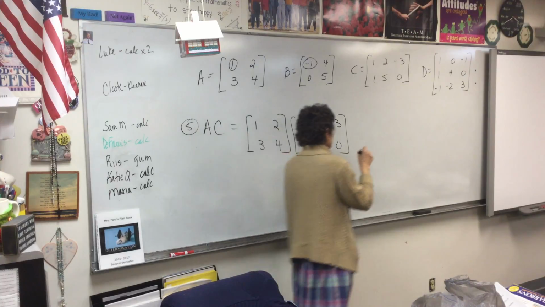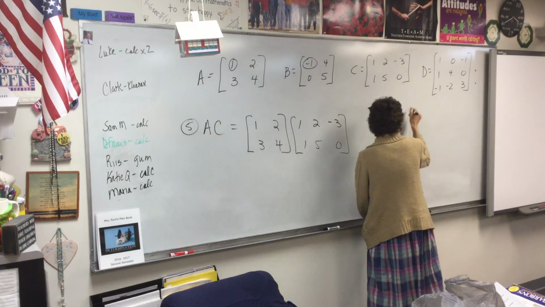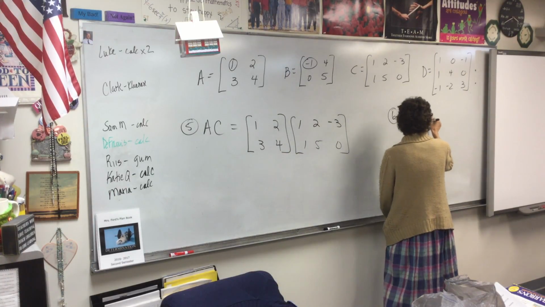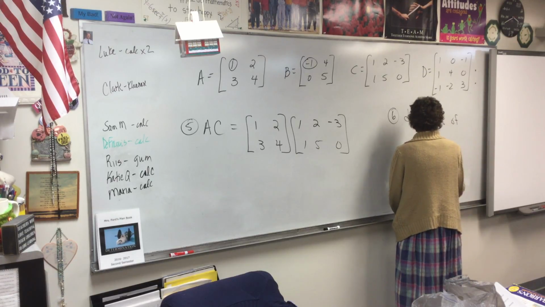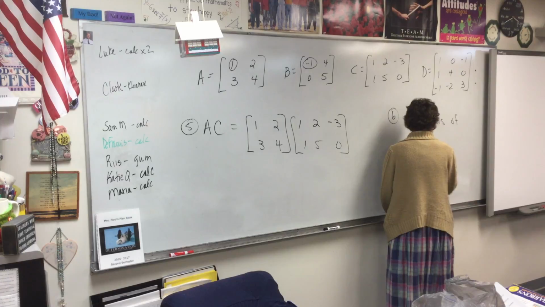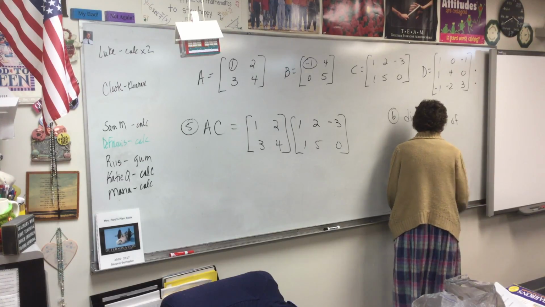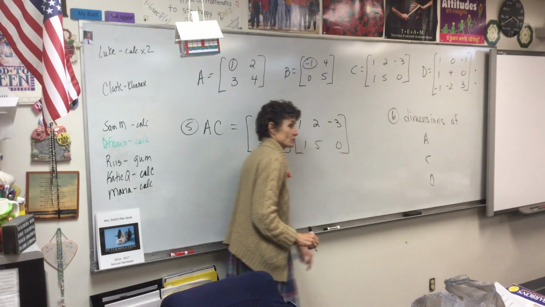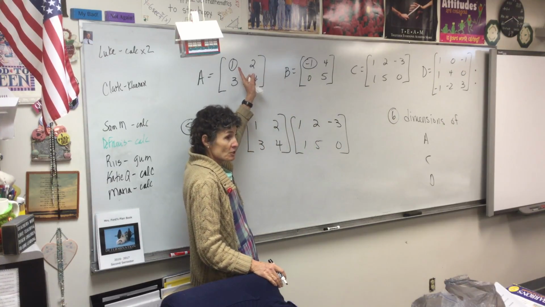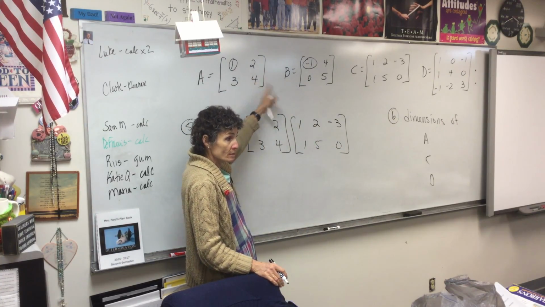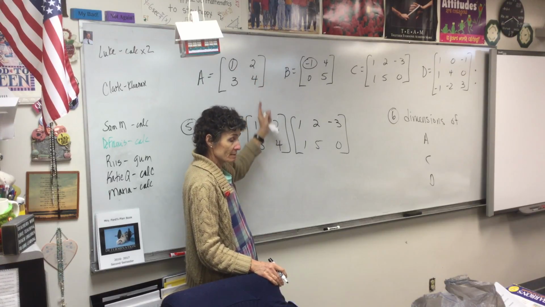Let's just say question 6 is what are the dimensions of A, C, and D. So let's do that one first. What are the dimensions of A? Dimensions are rows by columns. 2 by 2.